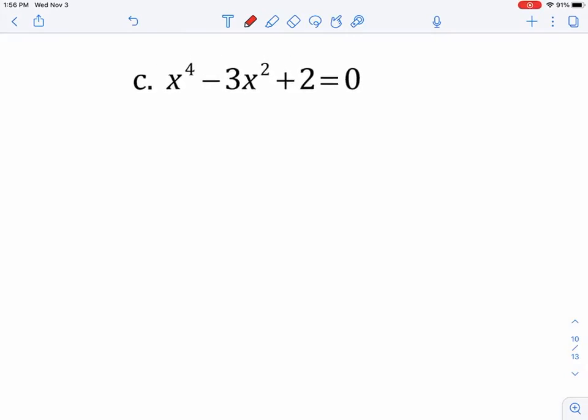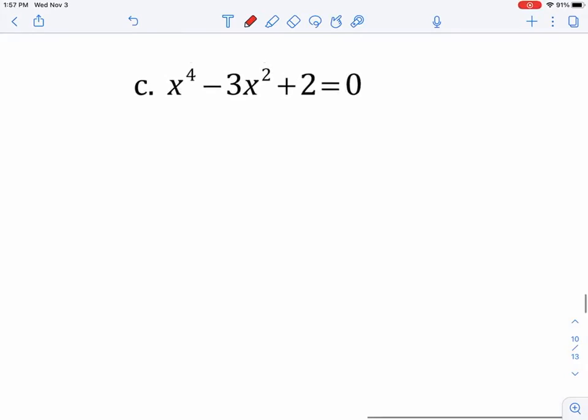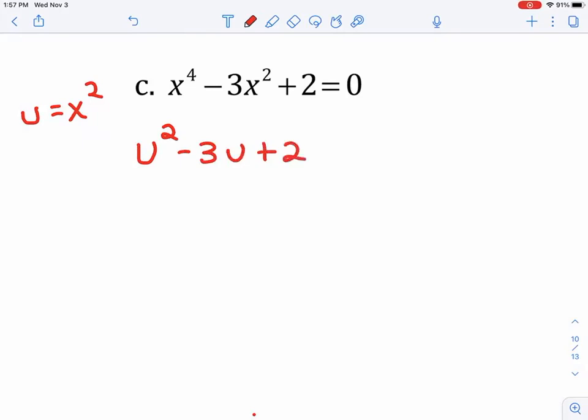I'm going to let, I'll call it u, equal x squared. I'm making a substitution where u is equal to x squared. So now if u is x squared, that left part would be u squared minus 3u plus 2.